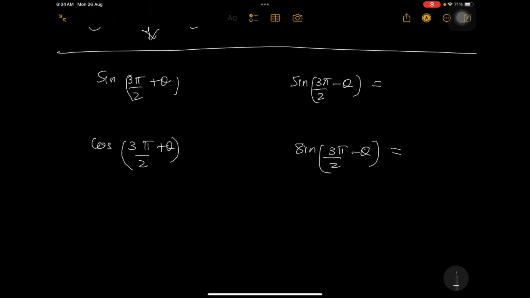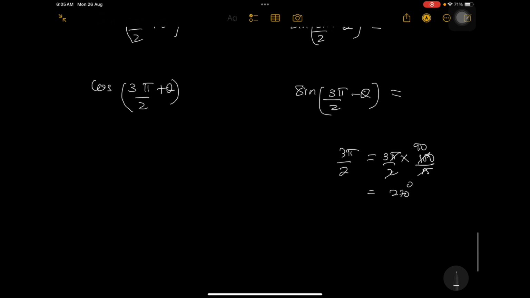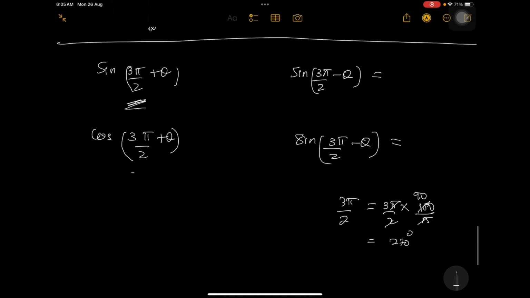So 3 pi by 2, as we studied right now, from radian to degree, just remember what degree it is. 3 pi by 2 into 180 divided by pi is going to be 270 degree. So this is a 270 degree. All these are 270 degree.